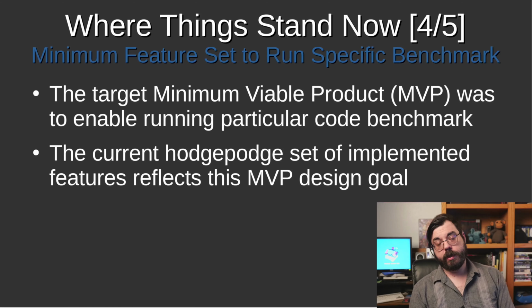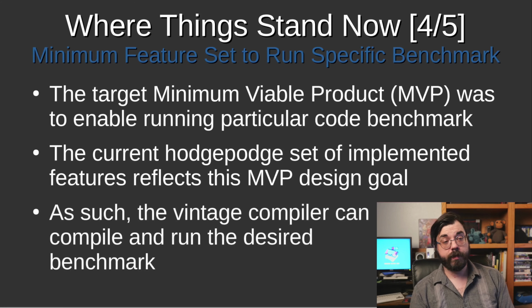Like I said, it may seem hodgepodge, but the features I've included at this point are reflective of reaching that minimum viable product design goal. However, as a result, I can actually compile and run that benchmark. So I'm pretty happy about that.